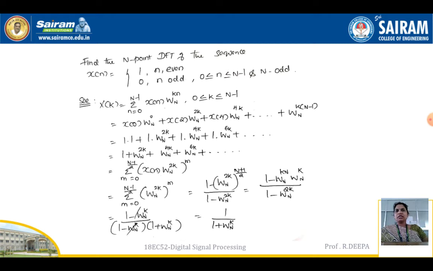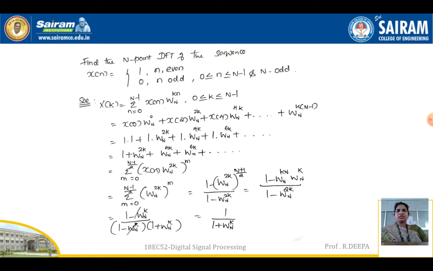I am going to write it as a geometric sum formula, with summation starting from m equal to 0 to (N-1)/2 of the common value W_N power 2k, whole power m, where m will be 0 to (N-1)/2. This is the sum formula I have written, where m ranges from 0 to (N-1)/2. In the next step, this x(n) I can put as 1. Why?